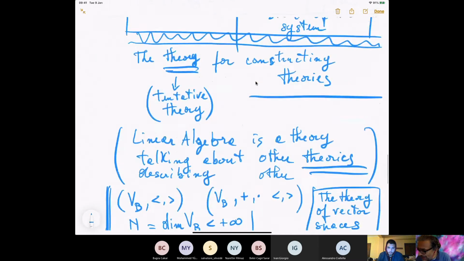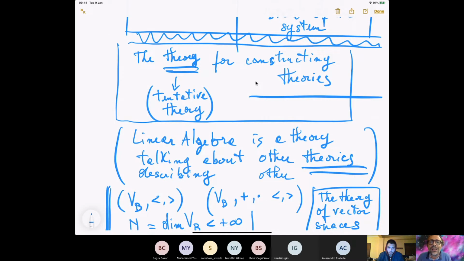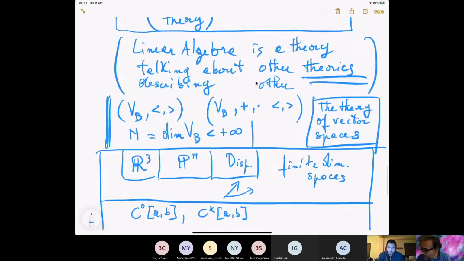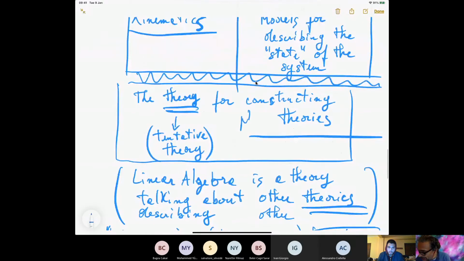Now the situation is made even more complicated if we want to learn some rules for building theories. So let us call them physical theories.